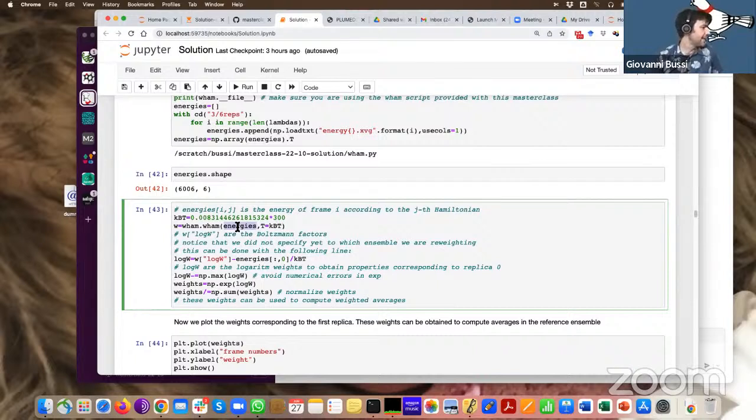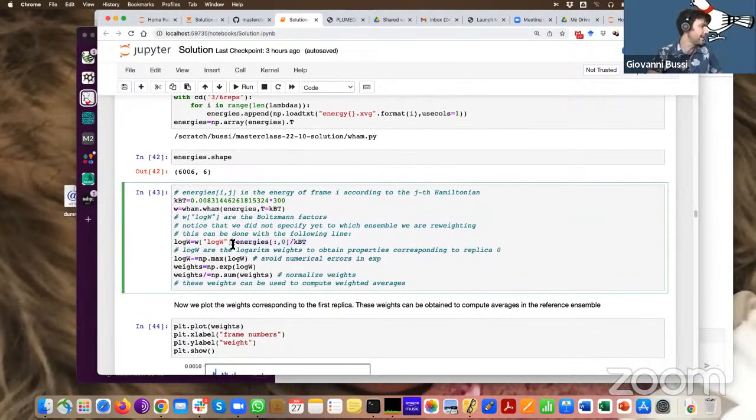The weights that you obtain are not weights associated to any specific ensemble. They are, if I'm not wrong, just the logarithm of the density of states. So you can obtain from these weights the weights corresponding to an arbitrary energy function by multiplying by the Boltzmann factor associated to that energy function, or, since it's a logarithm, by subtracting the energy divided by kBT.